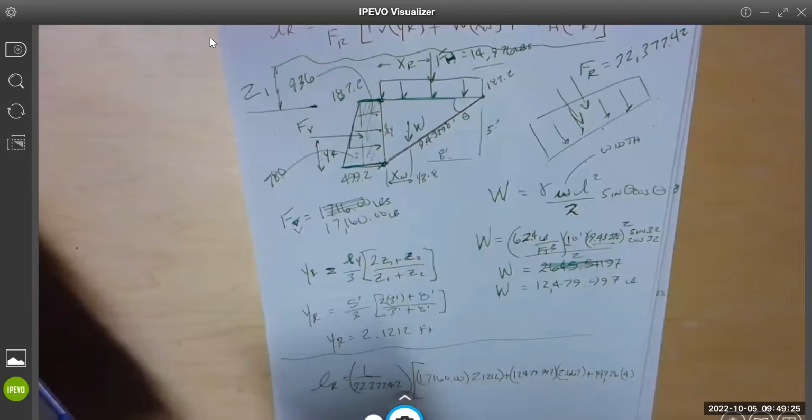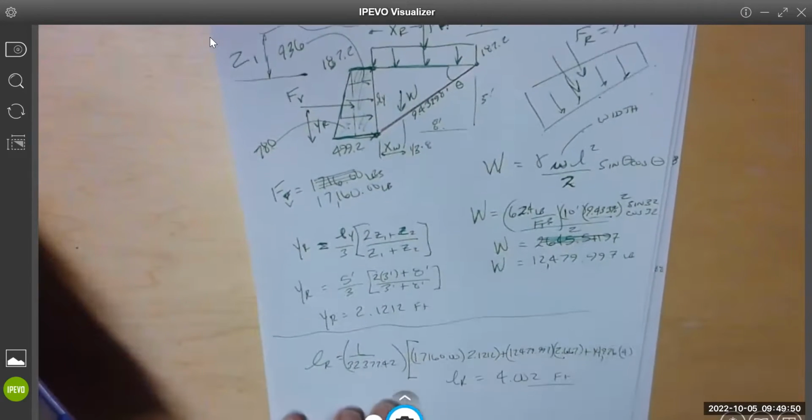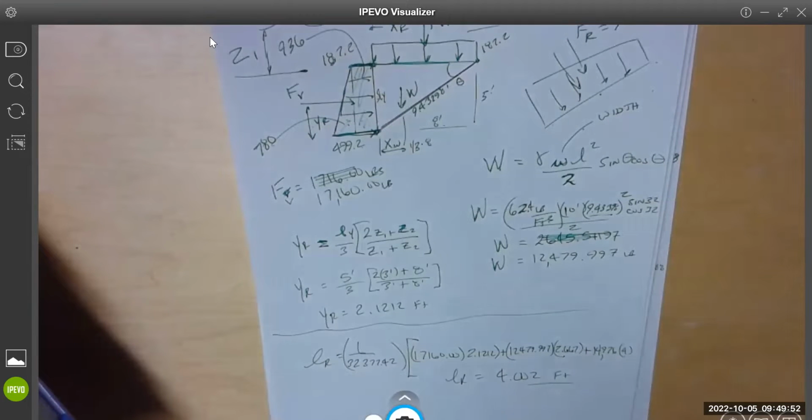I guess I'm struggling. I get 4.002. What'd you get? Yeah, 4.0029. Wow.